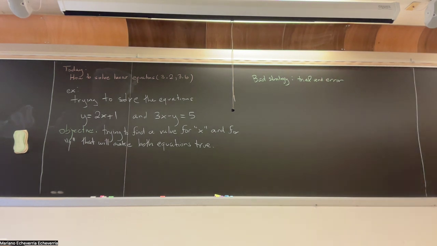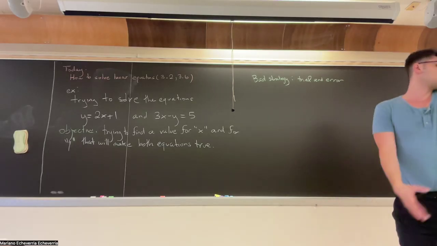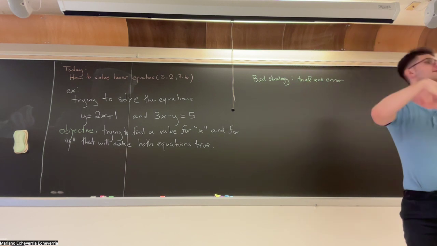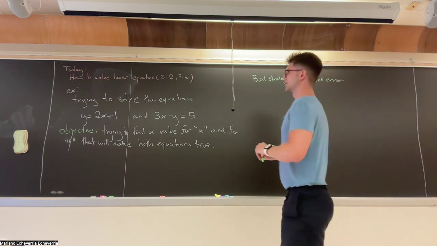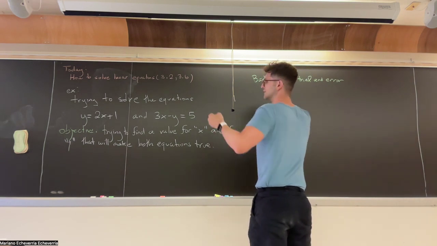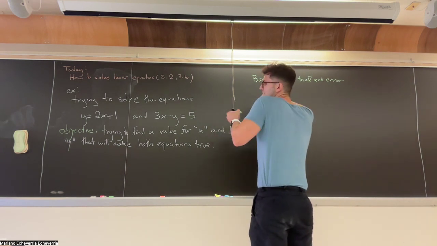So what would trial and error be? You literally just say, okay, what if x equals 0? What happens if you try to solve this equation by assuming that x takes a particular value?